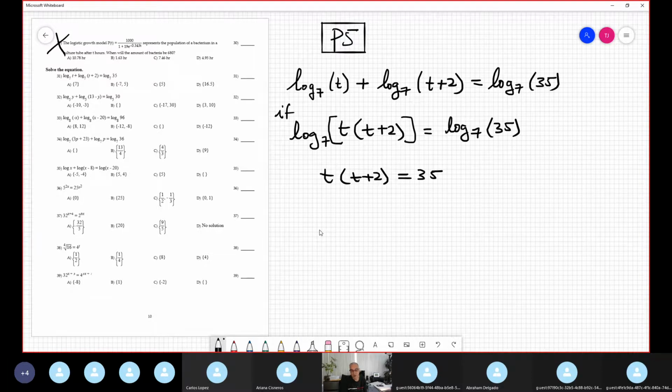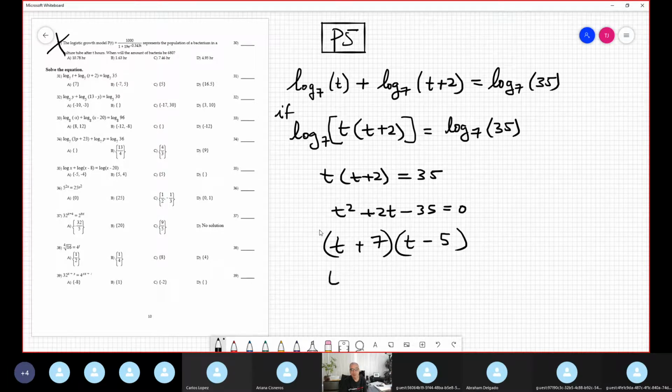And now you focus on the solution for this equation. It's t squared plus 2t minus 35 equal to 0. This quadratic equation is easy to solve by factorization. It's 7 and 5, because 7 times 5 is 35 and 7 minus 5 is 2. The signs are positive and negative.